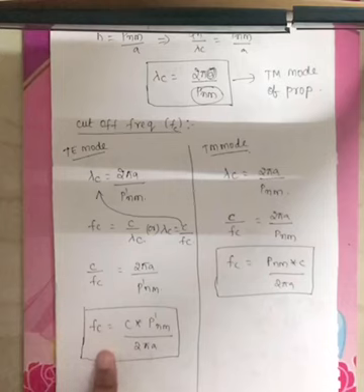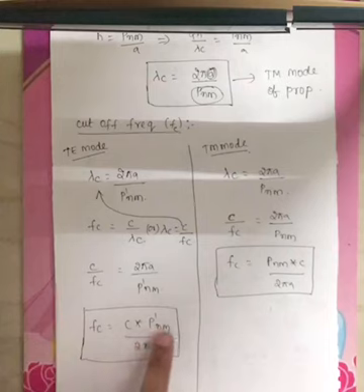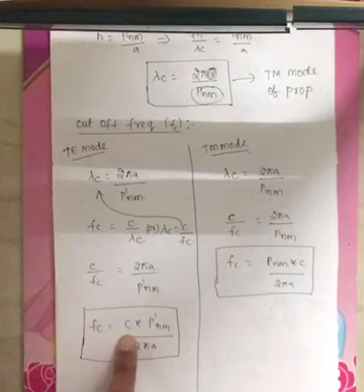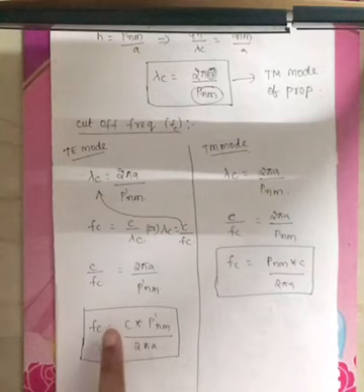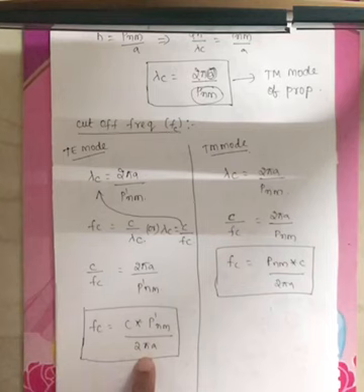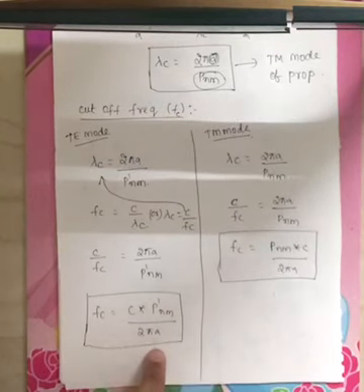From this, the cutoff frequency of TE mode is c into p dash nm divided by 2 pi a. What is c? Velocity of light, 3 into 10 power 8 meter per second, or 3 into 10 power 10 centimeter per second. p dash nm is the root for that particular mode of propagation. This will be mentioned in the problem. Only one value you have to remember, that is for the dominant mode of circular waveguide. I will say that value now. Divided by 2 into pi, where pi is 3.14, and a is the radius of the circular waveguide.